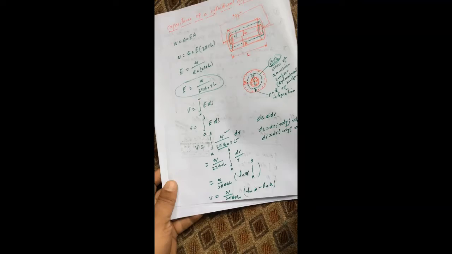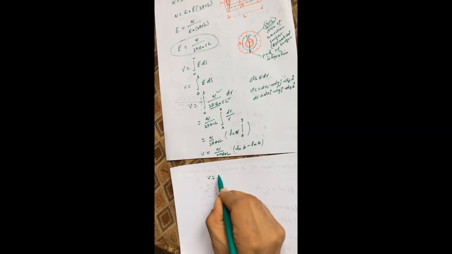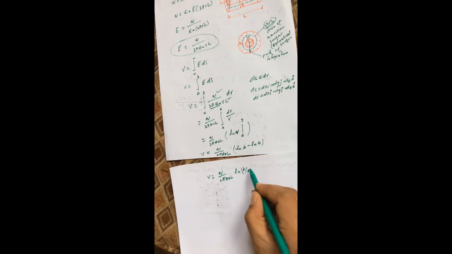This can be written as V is equal to Q over 2 pi epsilon naught L times ln B over A, by using the properties of the natural logarithm.